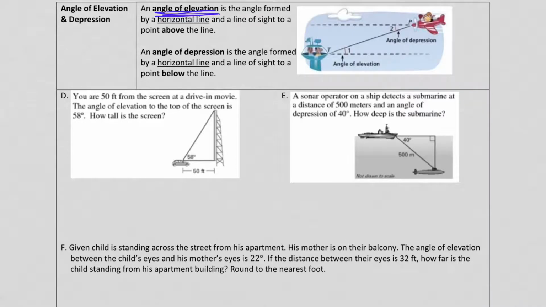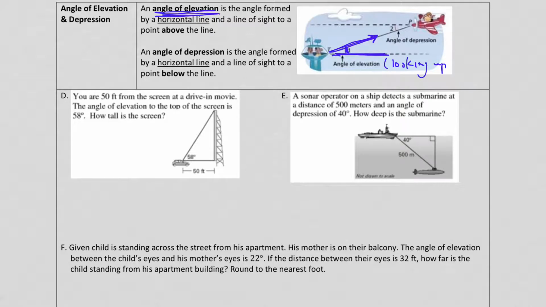So here, if this is my horizontal line and I'm looking up at the plane, then the angle of elevation is going to be here, angle 1. Remember, it's looking up. An angle of elevation is the angle created when you look up at something.